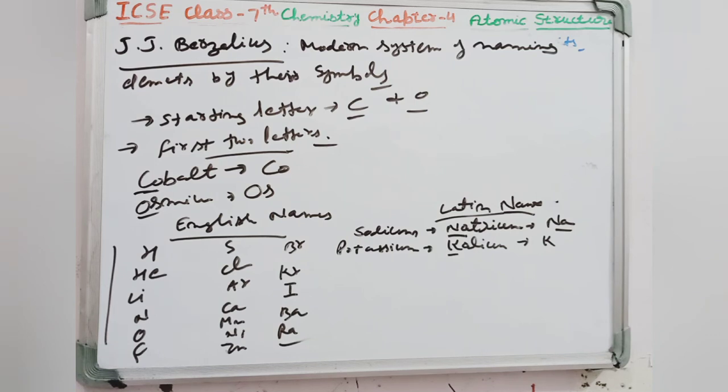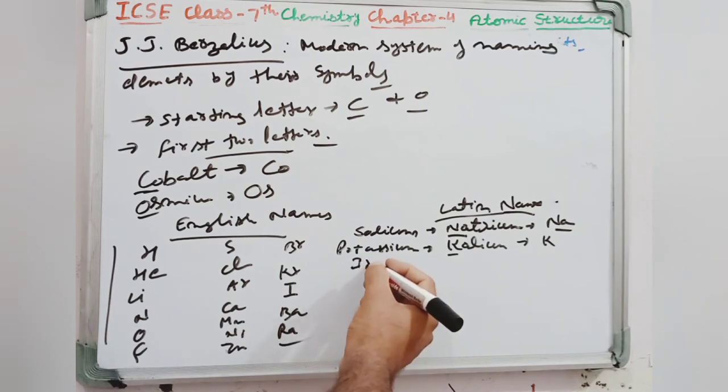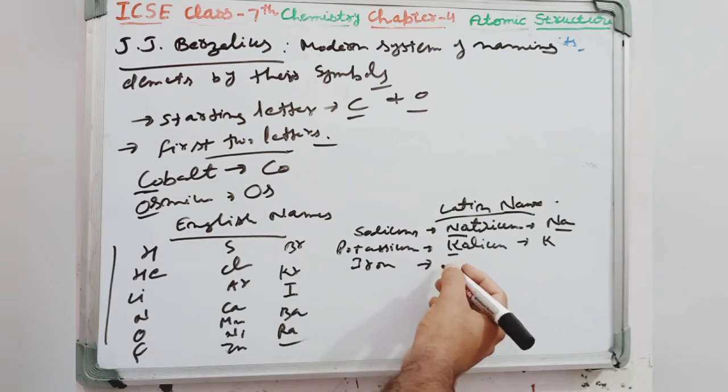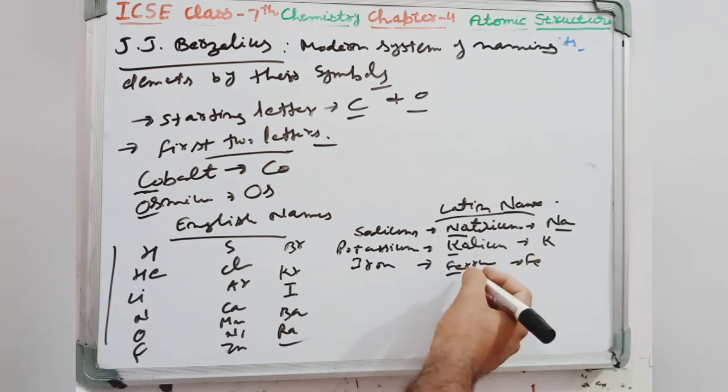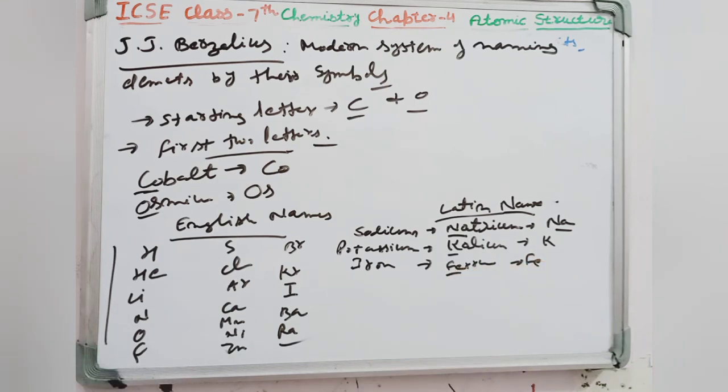This is given in your book. Iron, from ferrum, Fe. Copper, cuprum, Cu. Silver, argentum, Ag. Gold, aurum, Au. Mercury, hydrargyrum, Hg. Lead, plumbum, Pb. Tin, stannum, Sn. Tungsten, wolfram, W. Right? You can learn these from your book.